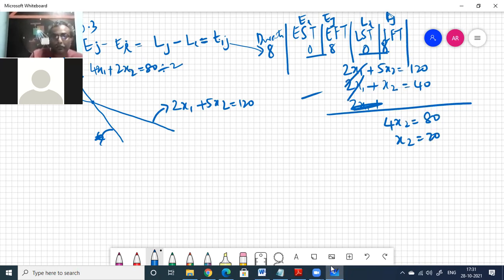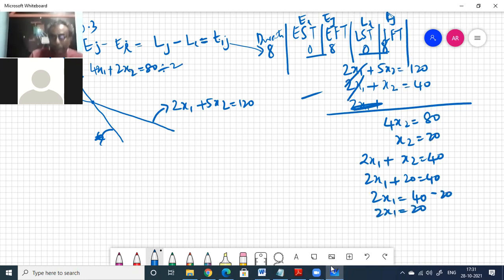So 2x1 plus x2 is equal to 40. So 2x1 plus 20 is equal to 40. 2x1 equal to 40 minus 20 is equal to 20. x1 equal to 20 by 2 is equal to 10.